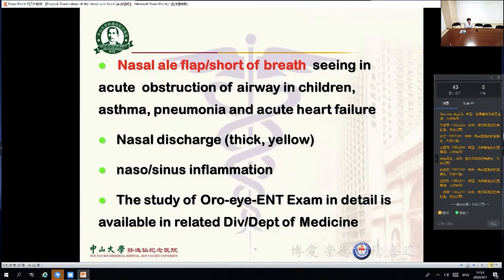And other situations like the nasal sinus inflammation, and then this kind of patient may have the thick and yellow nasal discharge. The study of the oral or eye or ENT exam in detail is available in related departments of medicine, but today I just introduced the general examination to you.